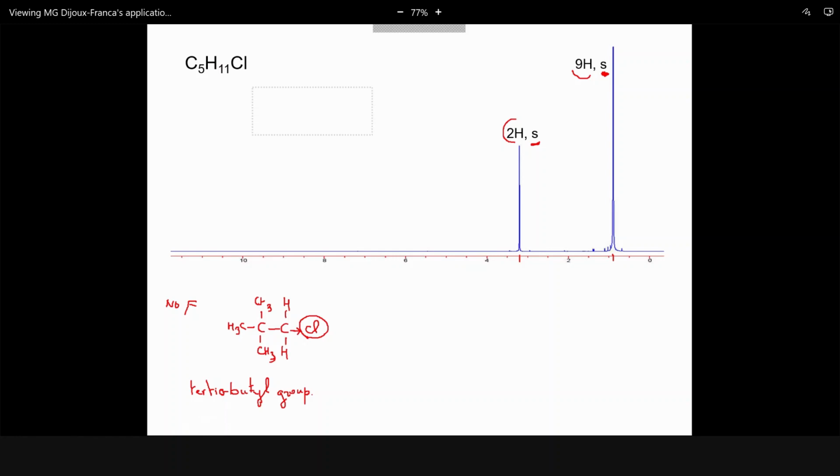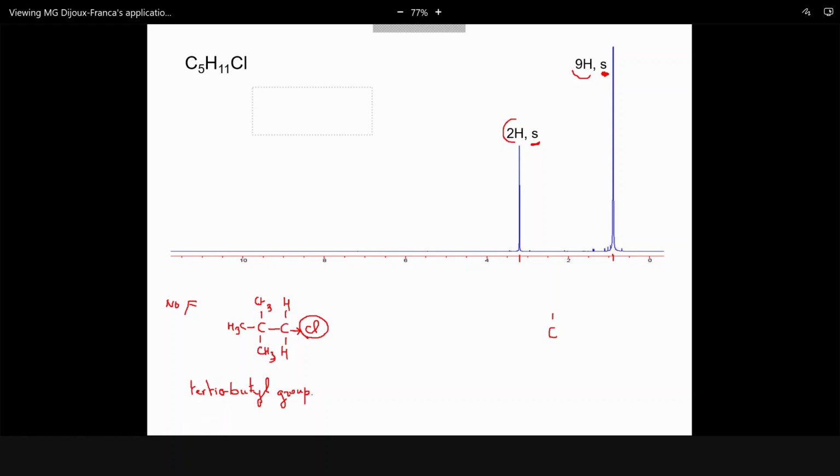And for the other group, I should draw 9 equivalent protons. 1 carbon is not able to bear 9 hydrogens, so I have to find another way. As I have 5 carbons, if one is here, 4 others are in the last group. That's why I draw this like that.